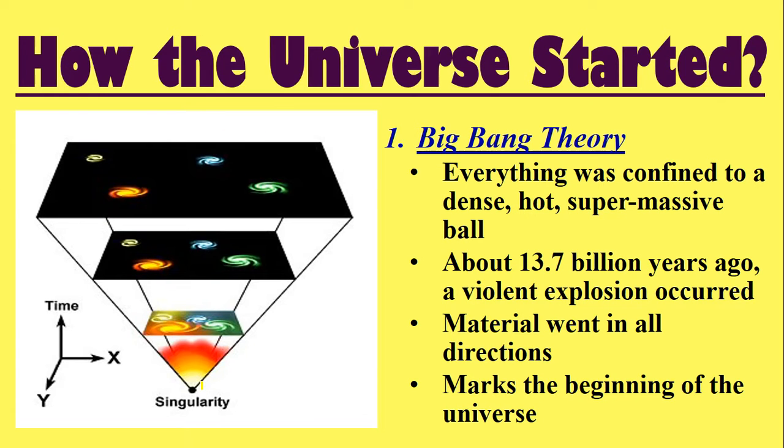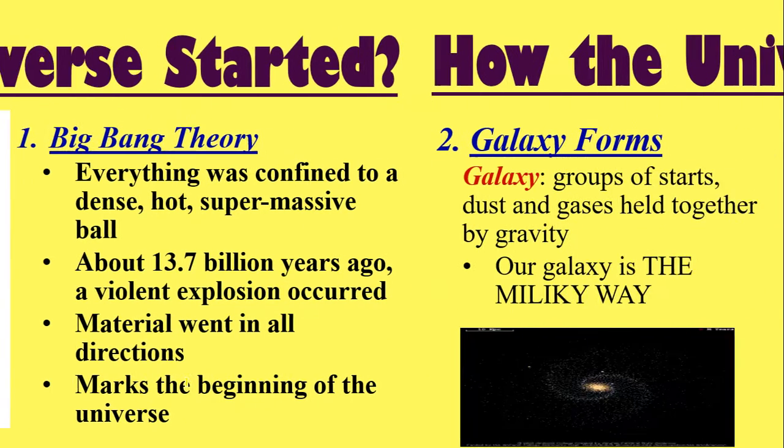And then, about 13.7 billion years ago, a violent explosion occurred. We call it the singularity, where everything started. Materials went in all directions, and we usually say the Big Bang is the start of the universe. And everything just started going in different directions after the Big Bang theory.